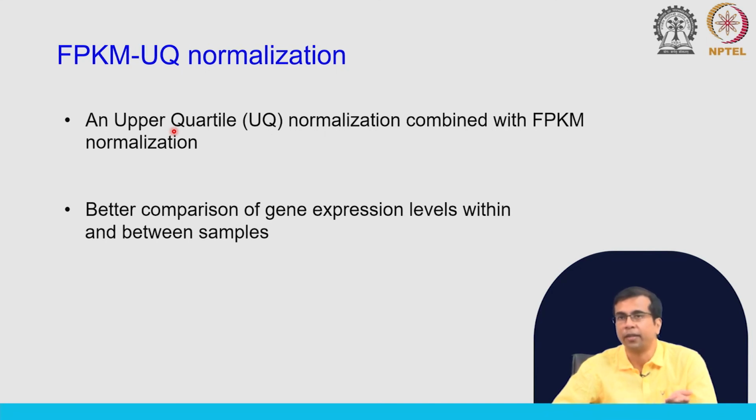This has been done for many data sets. You will find many public data sets where the count data that is given is sometimes referred to as FPKM EQ data. Once you see this kind of data, you will understand what has happened: the first normalization was FPKM, then there was an EQ normalization.